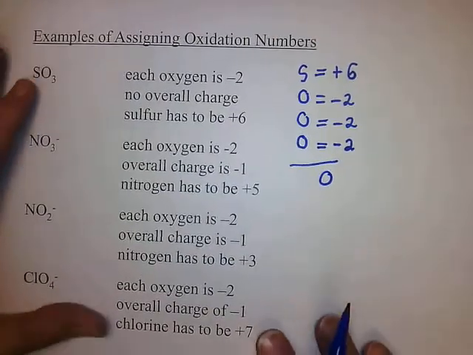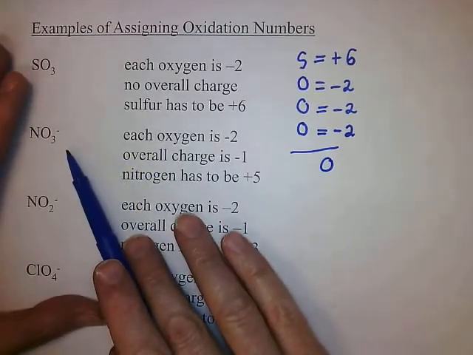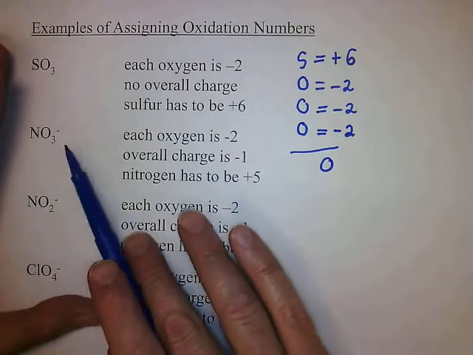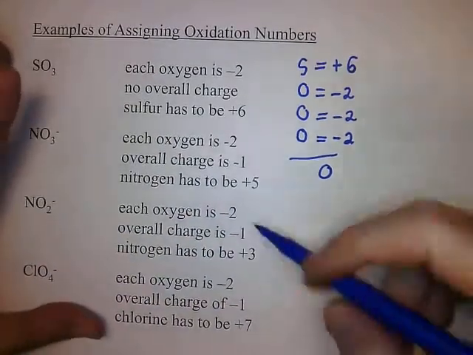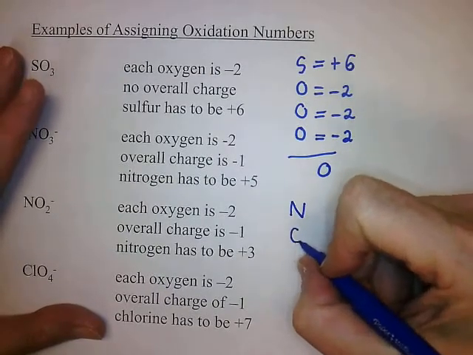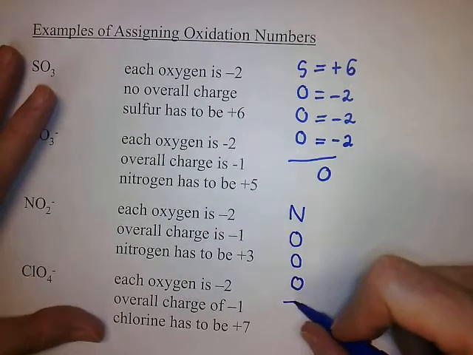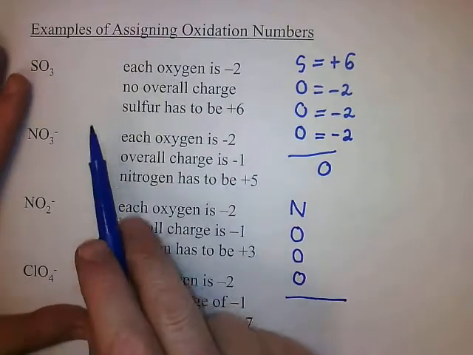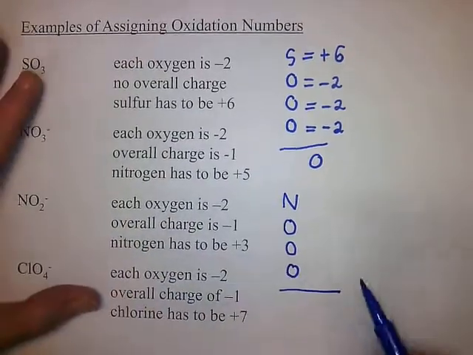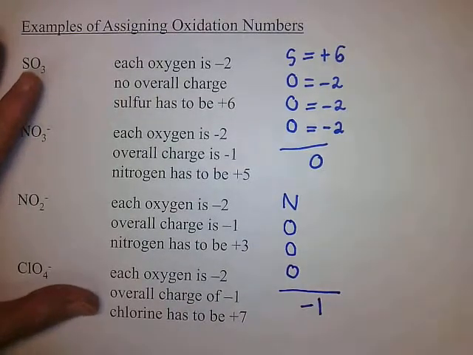Let's look at nitrate, NO3 minus. We have a nitrogen and 3 oxygens, and this is a polyatomic ion. It carries a charge, so the sum of the charges has to add up to -1.